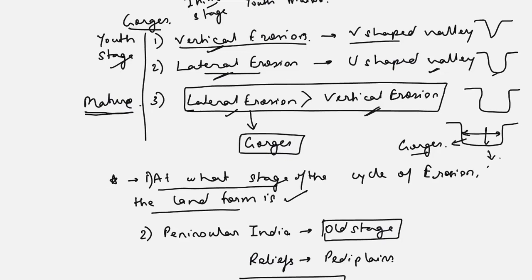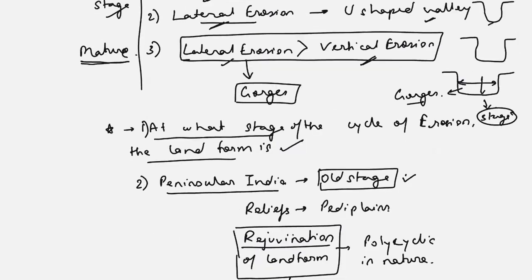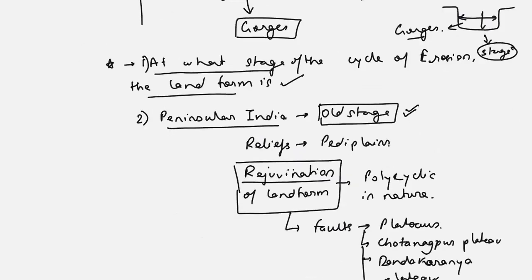When we talk about peninsular India, it is present almost at the old stage because the relief has almost completely eroded. But here we see that the rejuvenation of the landform has taken place. When the rejuvenation of a landform occurs, it results in polycyclic erosion. Okay, polycyclic landscape and polycyclic erosion occur here. Like for example, this is the landform.